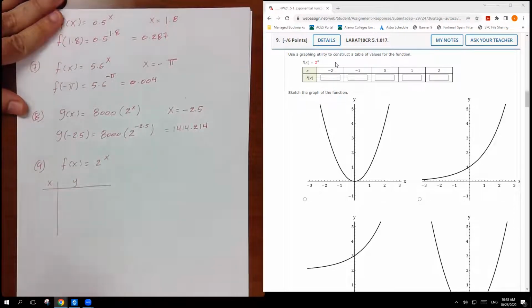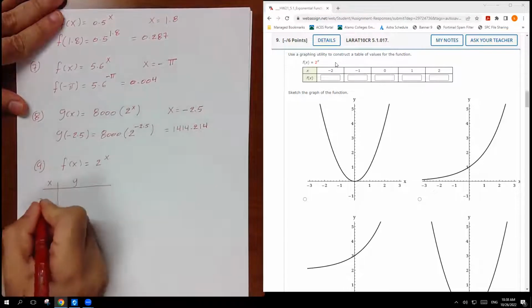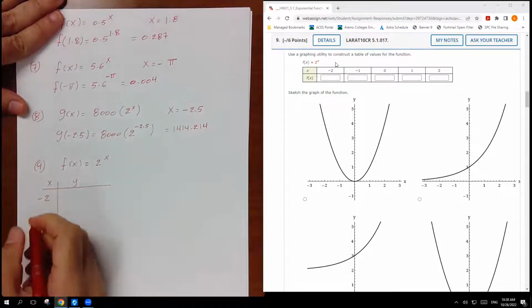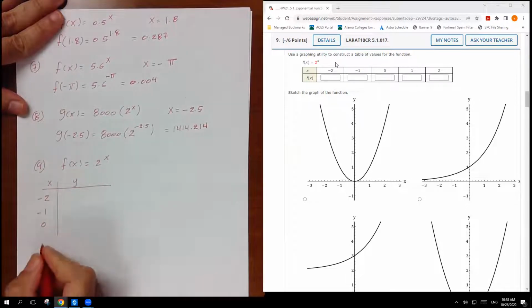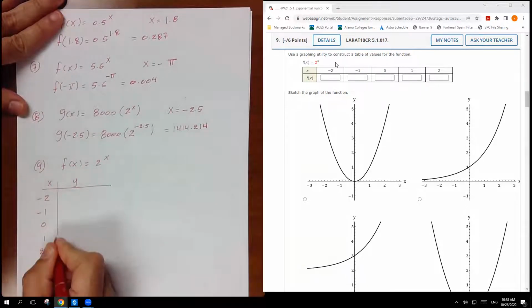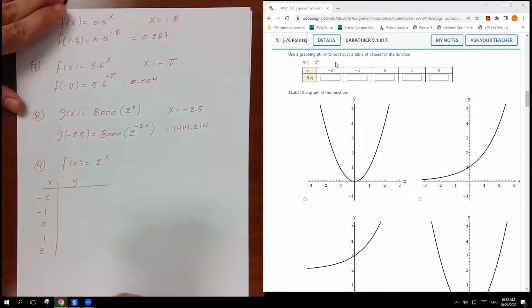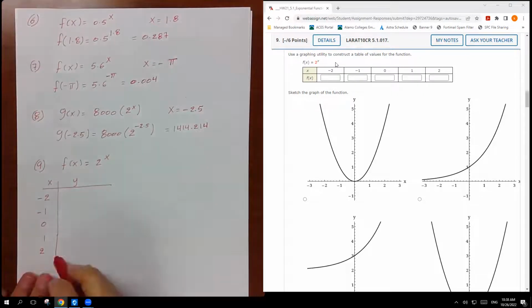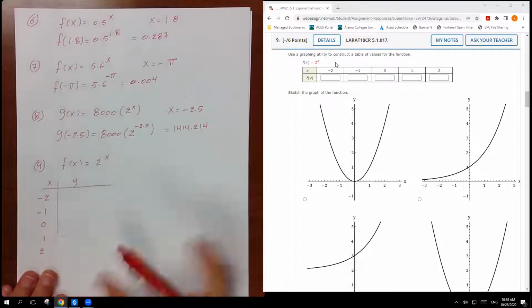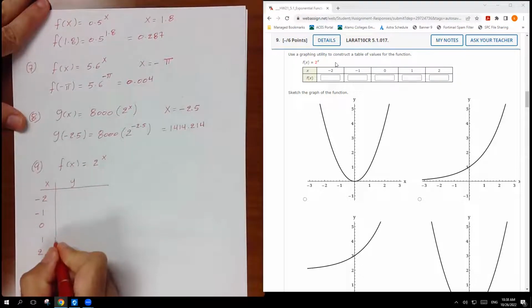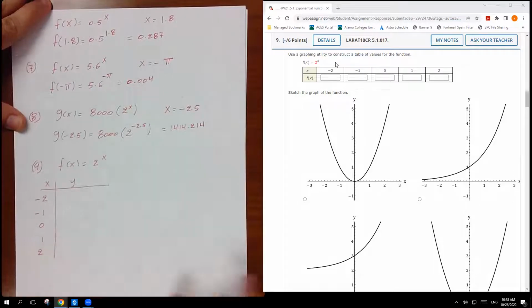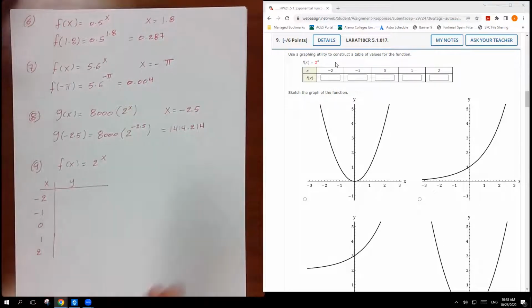But now they give you the value of x: -2, -1, 0, 1, 2. To graph any exponential function, you're just going to take any points from the domain, and the domain is from negative infinity to positive infinity. Plug these into the function to get the y.